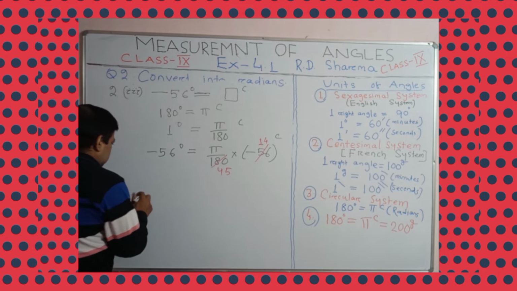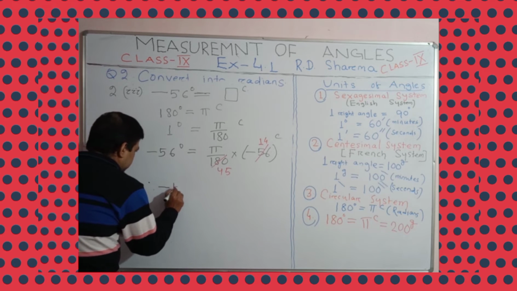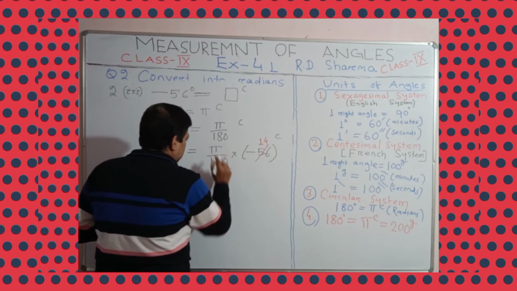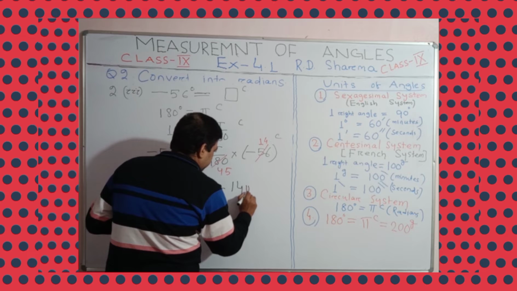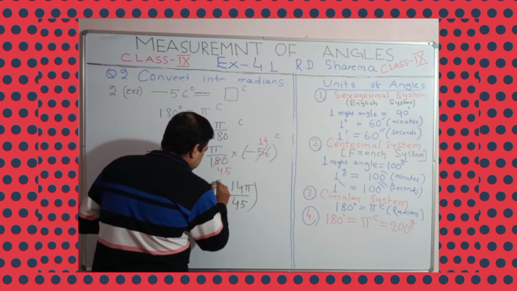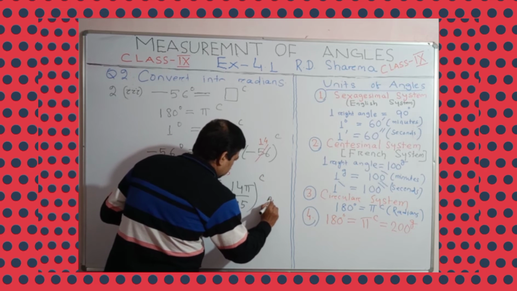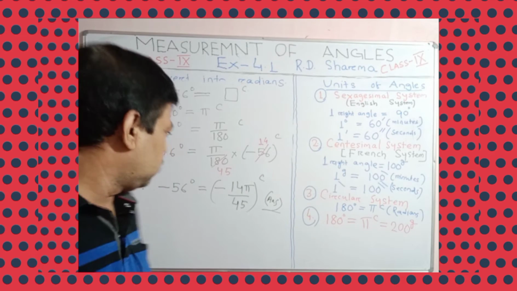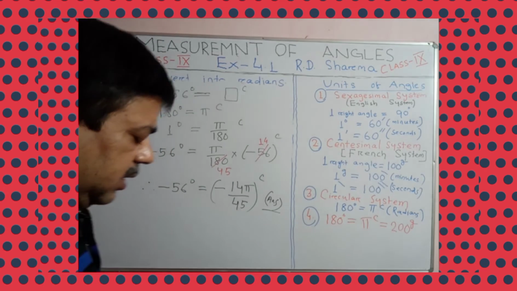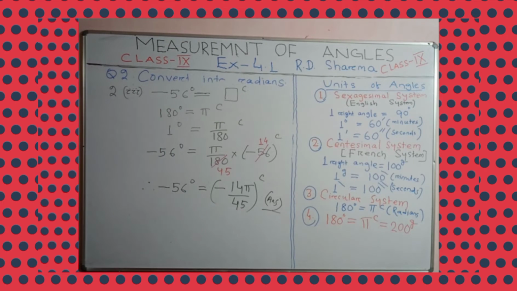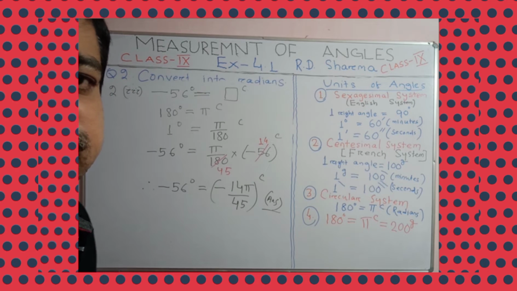Hence we got minus 56 degree is equal to minus 14 times pi, so 14 pi divided by 45 radian. So minus 56 degree is equal to minus 14 pi divided by 45 radian. Note down here, write down and also practice.